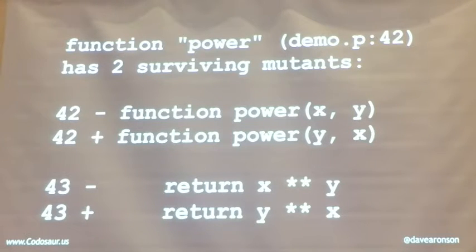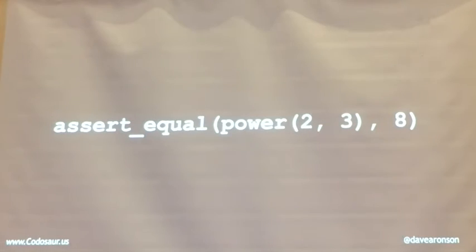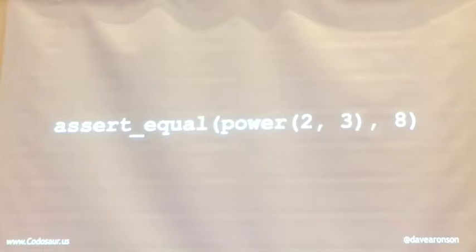So since this function deals with powers, it probably would have been a little smarter not to use a set of inputs such that one was a power of the other. So let's just dial it back a little bit and change our test like so. Now we could have also done 2 to the 5th, 3 squared, 3 to the 5th, vice versa, and on and on. There are lots of ways to skin this flirkin. And this would kill the swapping mutants.